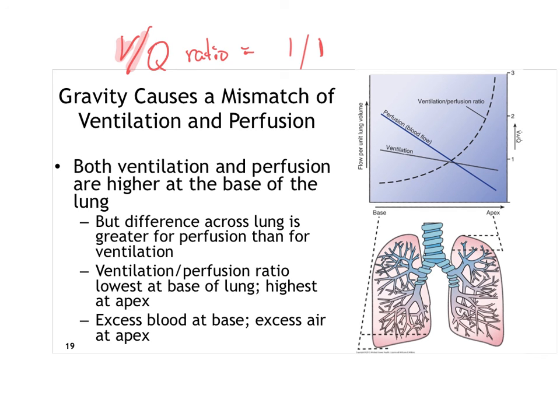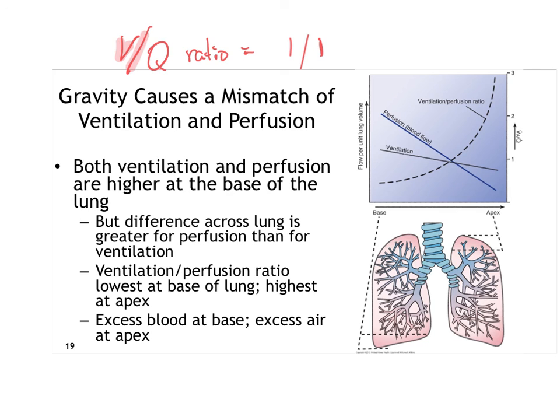But when gravity comes into play, it's going to be different in the apex than in the base. For example, in the base, you're going to have a greater perfusion of blood than air, whereas at the apex, remember, because of the stretching and less compliance, you've got air in there, but you don't have a lot of blood flow because gravity is going to carry the blood flow down.